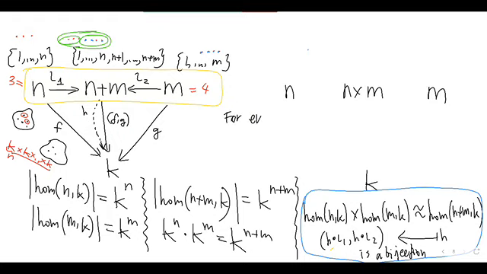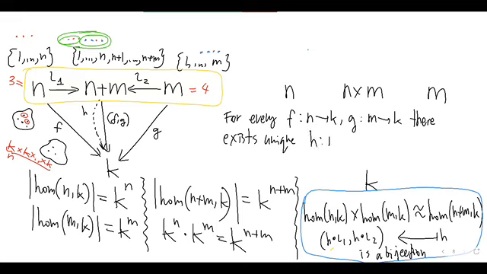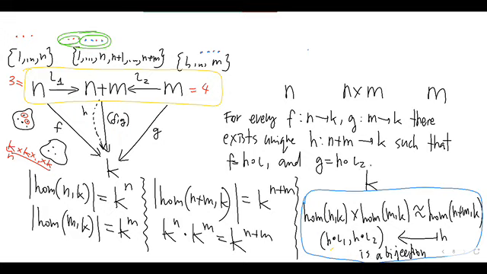For every F from N to K and G from M to K, there exists a unique H from N plus M to K, such that F equals H composed with iota 1 and G equals H composed with iota 2.